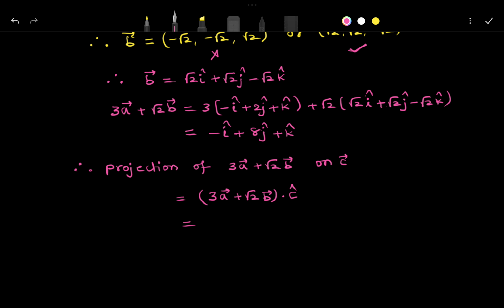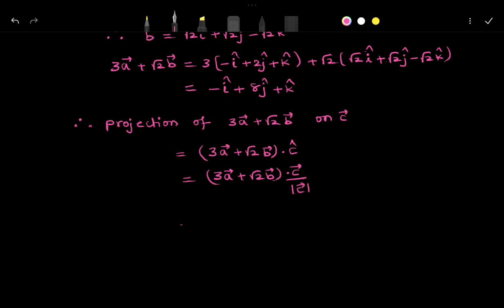Now c cap means c bar by modulus of c bar. So 3 a bar plus root 2 b bar is minus i cap plus 8 j cap plus k cap, dot c bar.